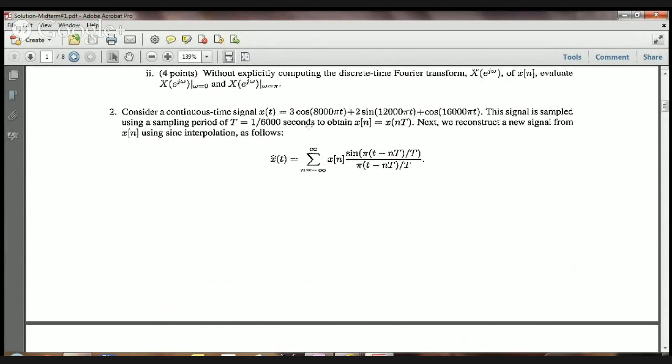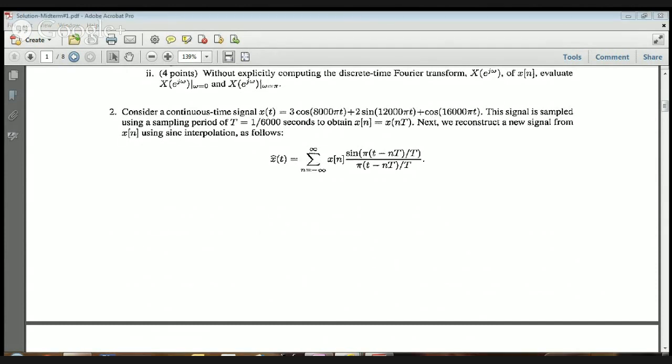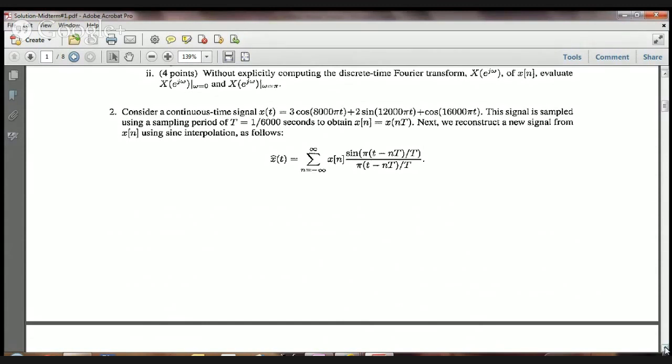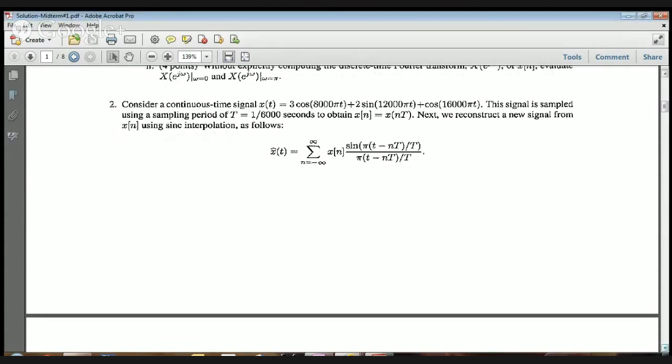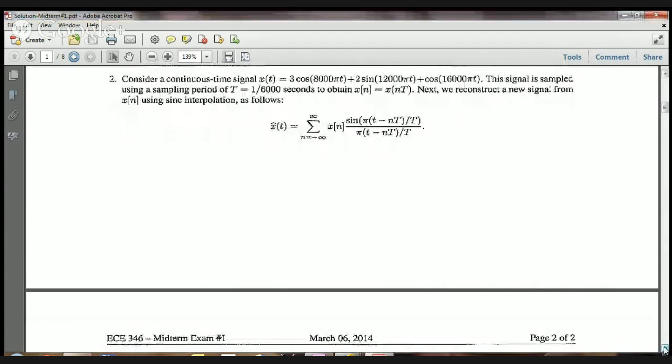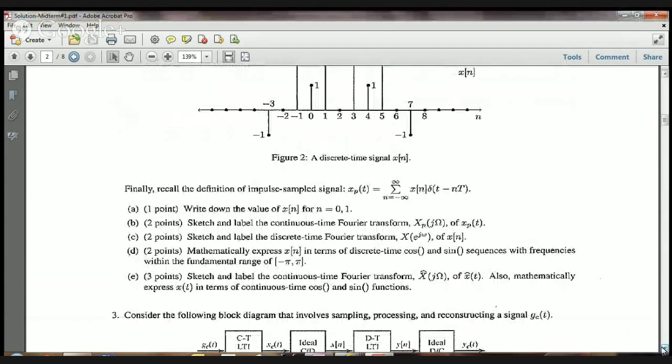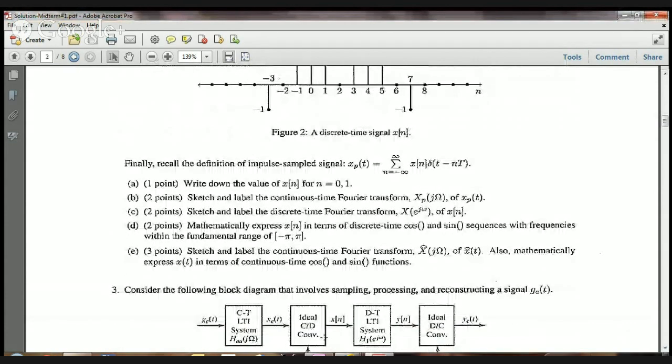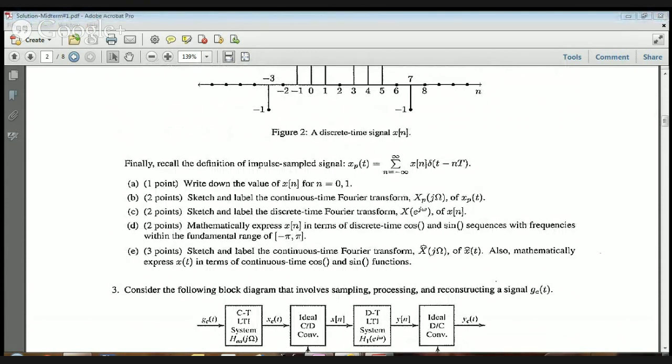We are given a sampling frequency, and then just think as I did in the class. There are only 2 cases that can happen in this case. You either do aliasing or you recover the signal exactly. But B is really about computing Xp of j omega.